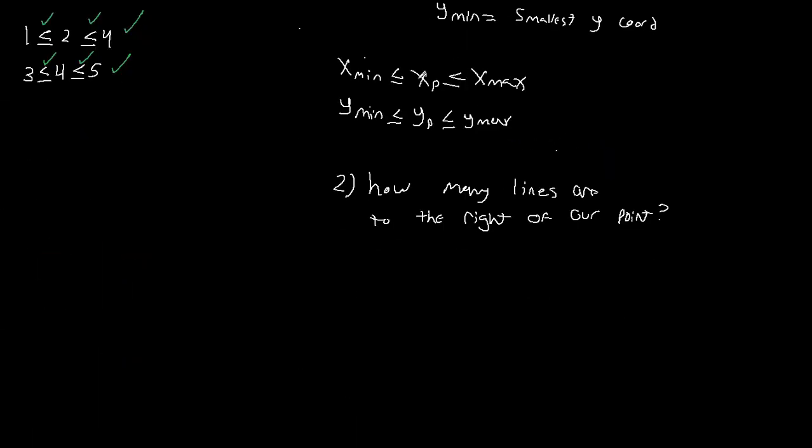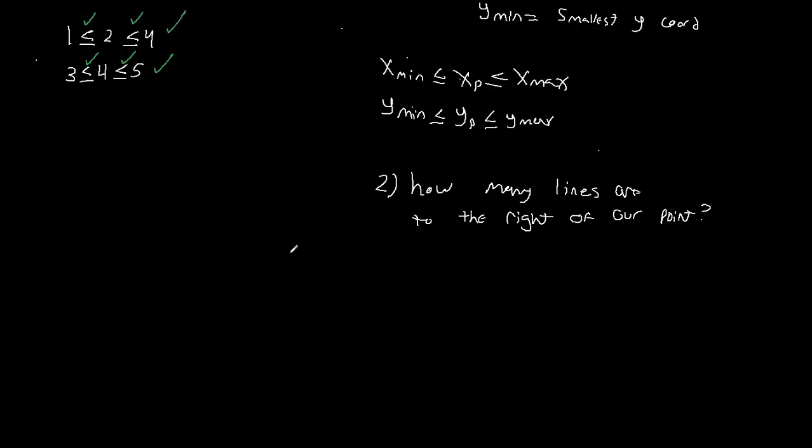So how many lines are to the right of our point? Ooh. How many lines are to the right of our point? And why does that matter? Well, it matters because if the number is odd, then the point is inside the polygon.